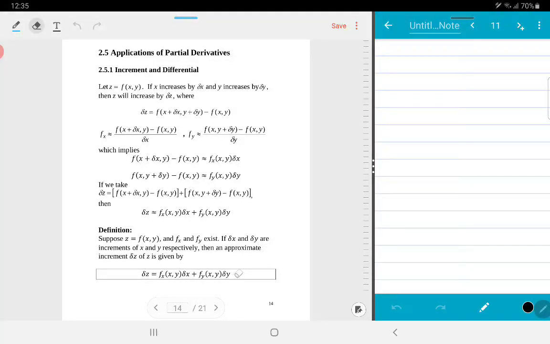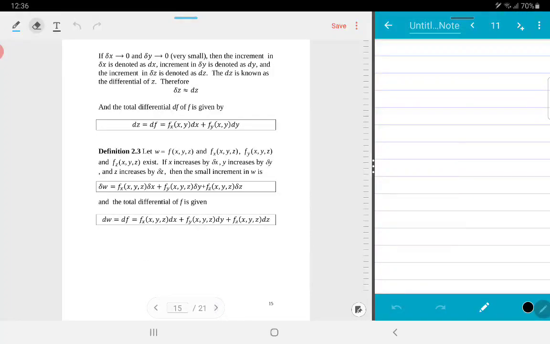This is very important, you need to remember this. As you can see, we use partial derivatives in the formula.